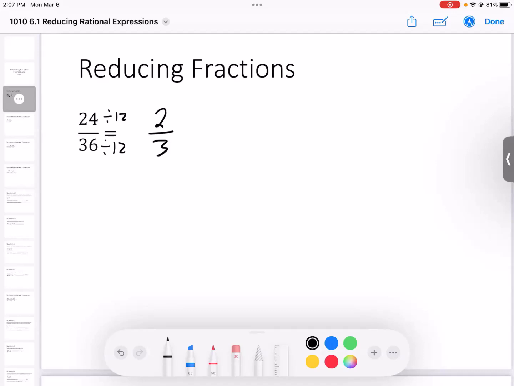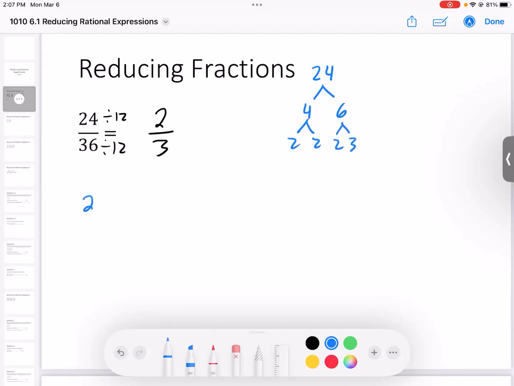So this is the way that you probably learned how to reduce fractions. But there's another way that you can also reduce fractions that will be more helpful for when we're reducing rational expressions. And that is to get the fraction into factored form. So if I broke 24 down into its factors, I might say 24 is 4 times 6, 4 is 2 times 2, 6 is 2 times 3.